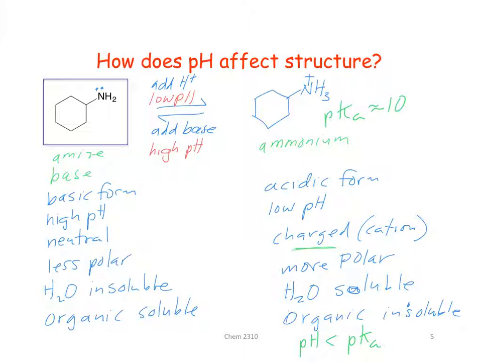So as the pH is adjusted downward, making the solution more acidic, if it goes much below 10, so to 8 or 7 or 6 or down to 2 in acidic solutions, we're going to be in the ammonium ion form. If we want to go to the amine form over here, we have to make it basic, so the pH has to go above 10. So this has the pH greater than the pKa.